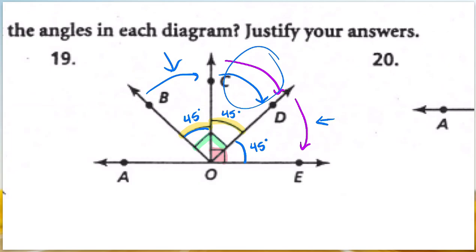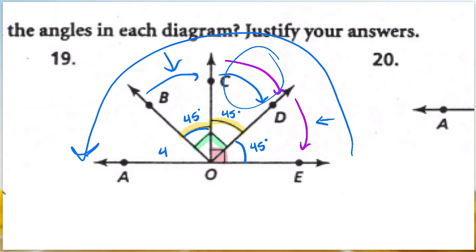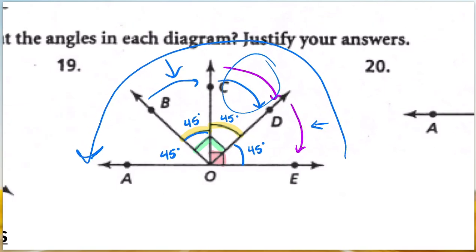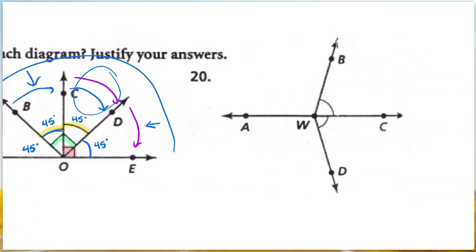And using the fact that angle AOE is a straight angle, which is comprised of these 4 angles, we could find the remaining amount by subtracting the 3 angles that we know from 180 to get our remaining amount of 45 degrees. And so we would know all of the pieces here in this image from all of those markings.